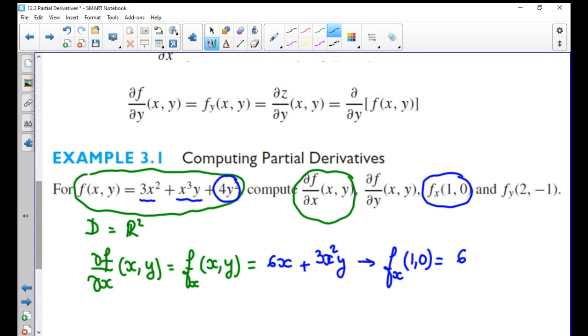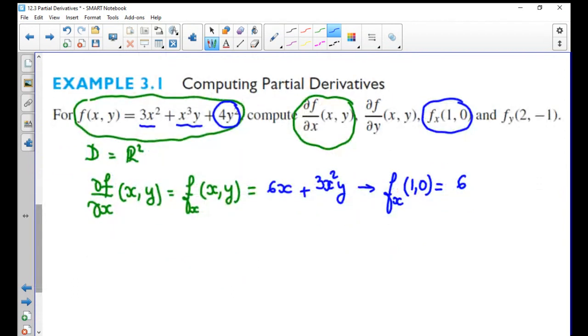So this value is 6. That means this 6 is the rate of change of the function at the point (1, 0). In which direction? In the direction of the x-axis. So if we're moving in the direction of the x-axis, our function is increasing at the rate of 6. It's the rate of change in the direction of x.